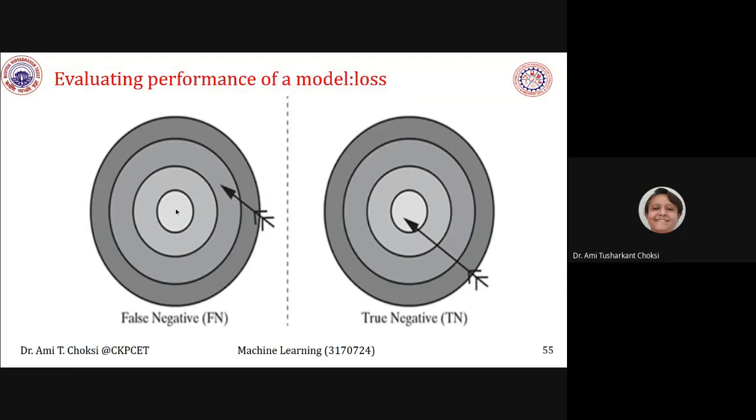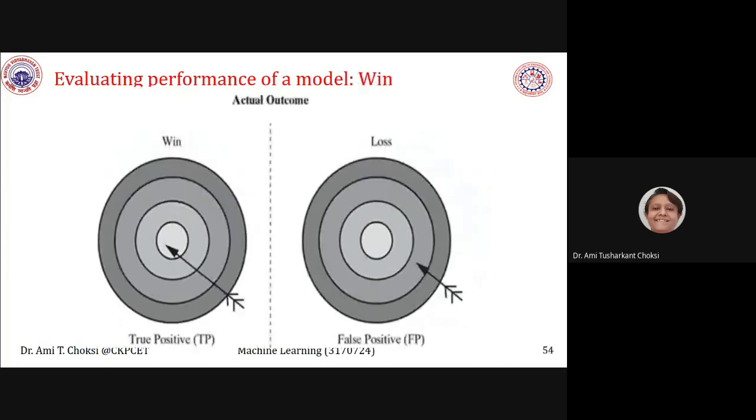So what do we say? It is false negative. And what about this? You can say that it is true negative. That means it is in the center and you can say that it is loss, right? Hope you understood.